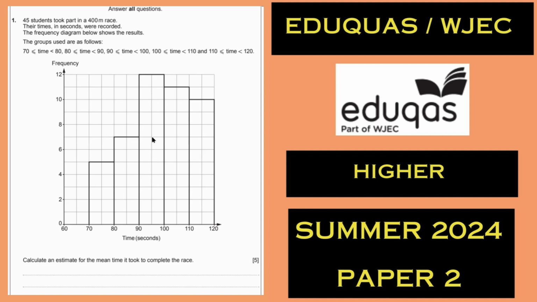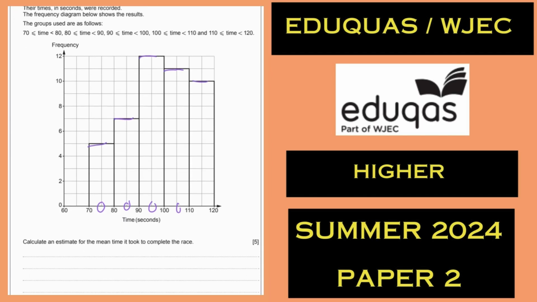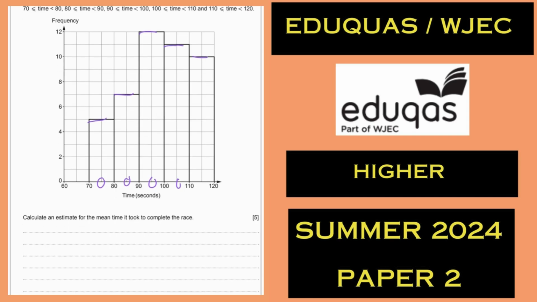Don't forget, when you are told to estimate the mean, you need to multiply the midpoints by the frequencies. So that's where you need to be getting your information from. So first of all, you need to do 5 times 75.